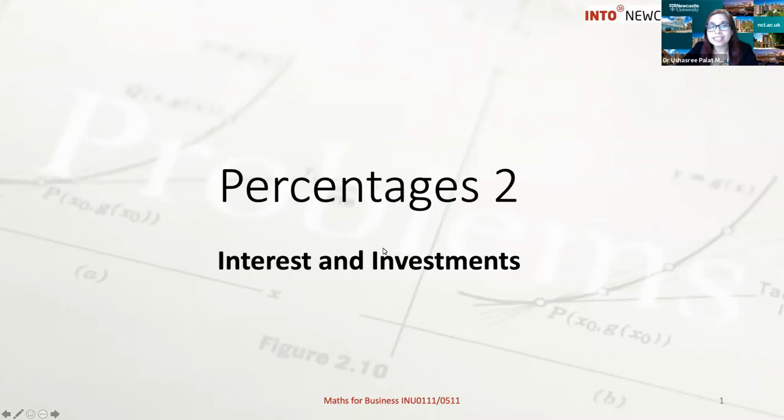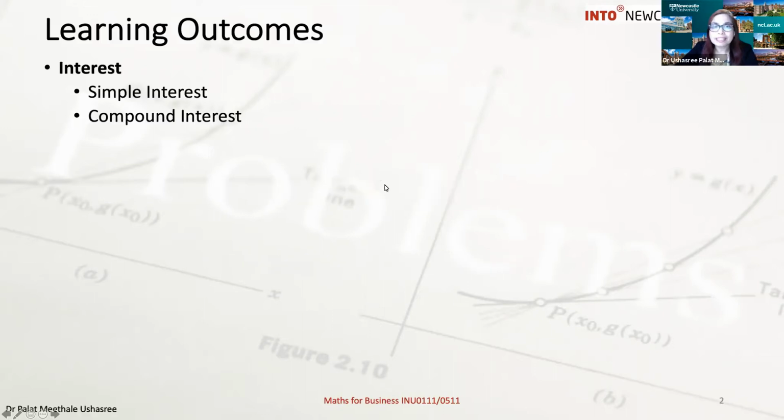Okay, percentages 2. So you're going to do more on interest and investments. In the last week, you have seen how to work with percentages, and you have seen what simple interest and compound interest are. This week, we will start with generating a formula for simple interest and compound interest.